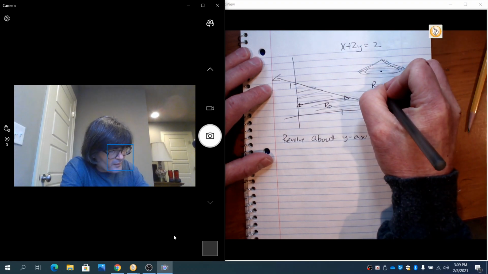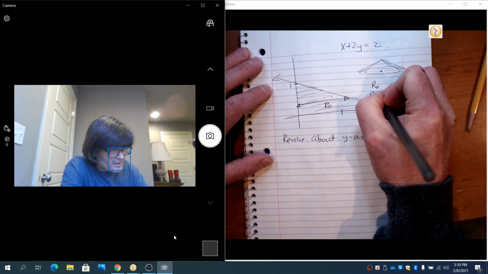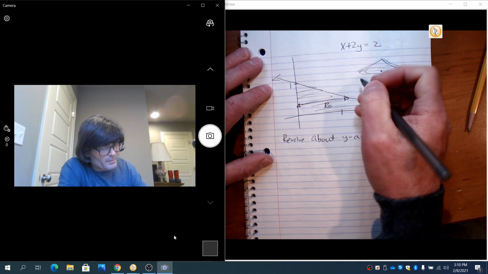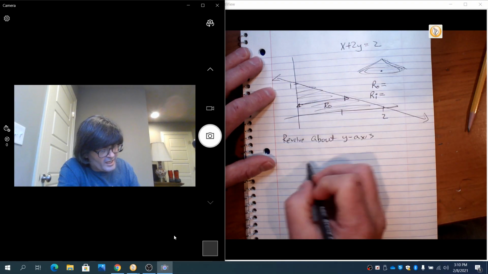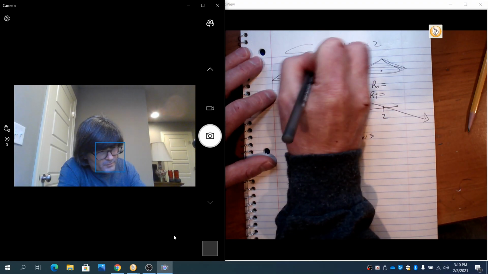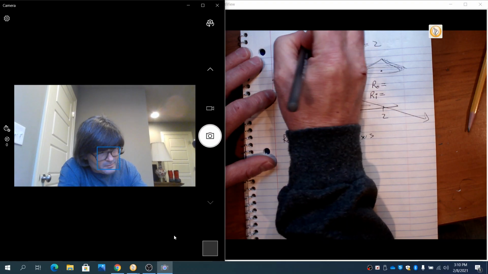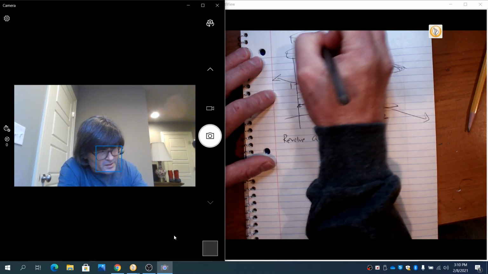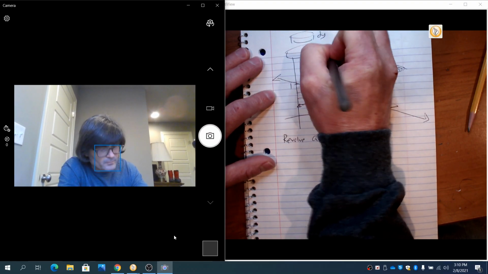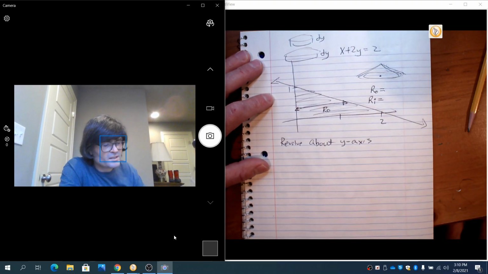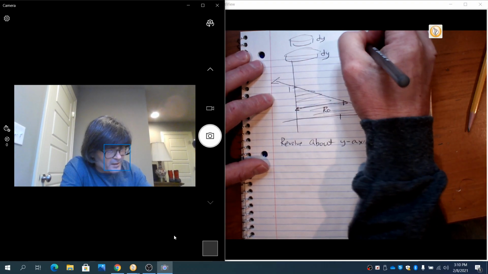To start identifying outer radius and inner radius algebraically, keep in mind that your disks this time are going to stack like that. There's a disk. There's another disk. And so the thickness is dy this time. So this needs to be solved for x in terms of y.